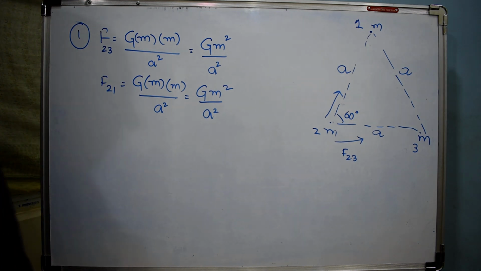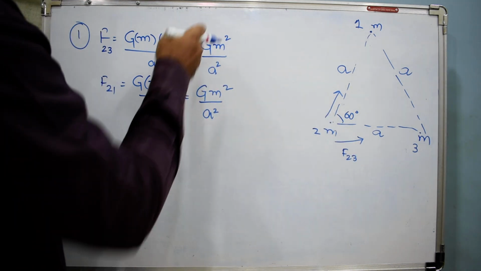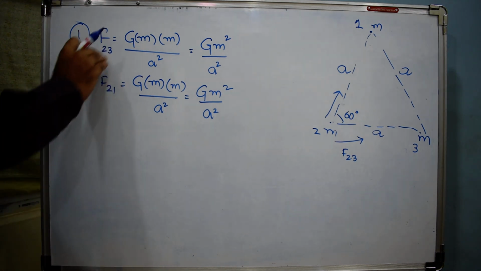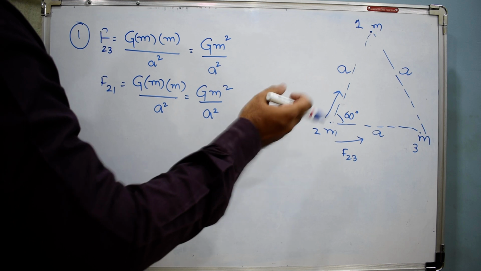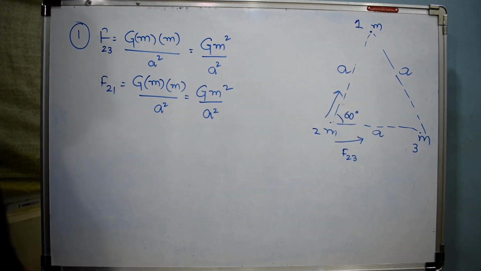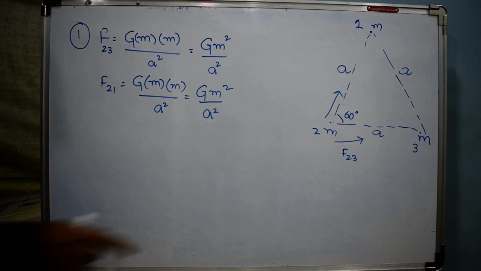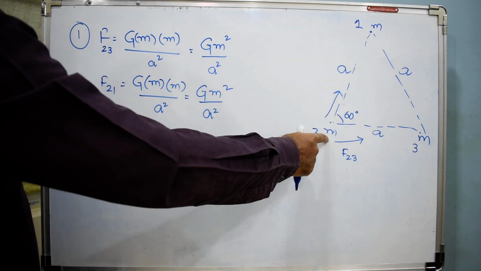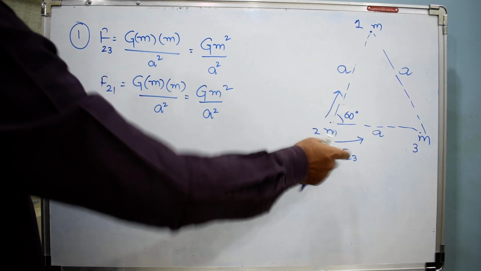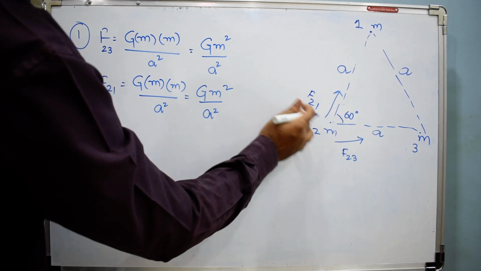Okay, so these are the two different directions in which these two forces act. Though the magnitudes of the forces are the same in this situation, the difference is they are acting in different directions. Remember that forces are vector quantities. So if we want to find the total gravitational force acting on this mass, it is nothing but the vector sum of these two forces.